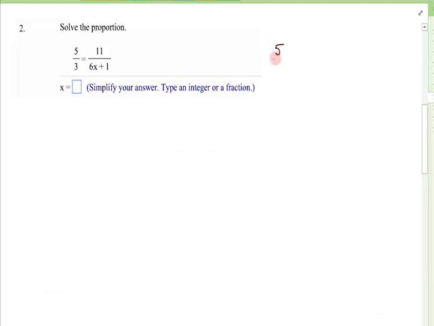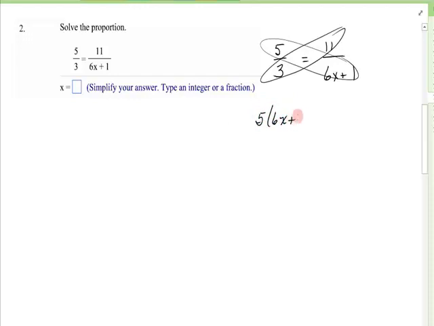I have 5/3 is equal to 11 over (6x plus 1). I'm going to look at that cross product and that cross product. I have 5 times (6x plus 1) is equal to 3 times 11.